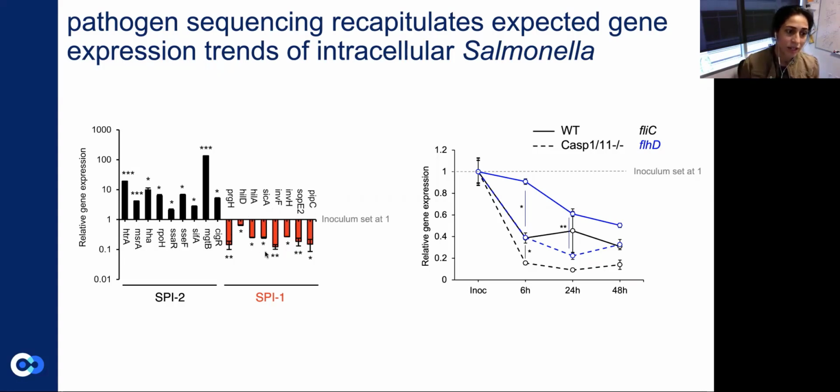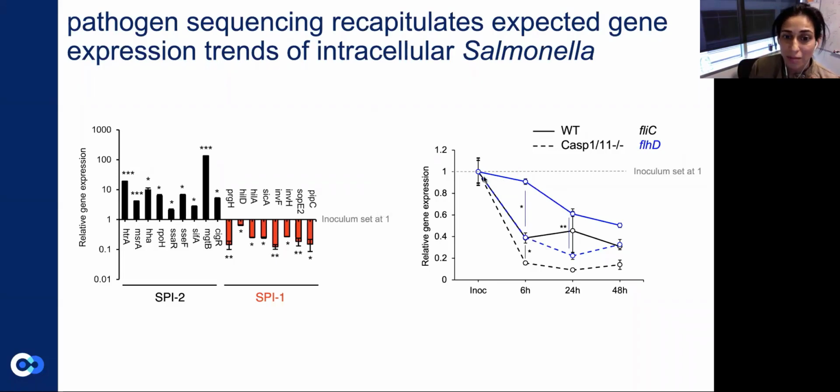We find that in wild-type macrophages, Salmonella downregulates genes comprising Salmonella pathogenicity island 1, and upregulates genes that are part of Salmonella pathogenicity island 2. These are the genes required for its intracellular survival. We also had, like I said previously, shown that Caspase-1 maintains expression of flagellin on Salmonella.